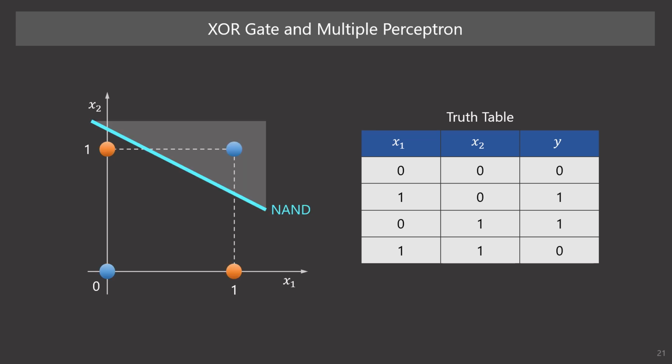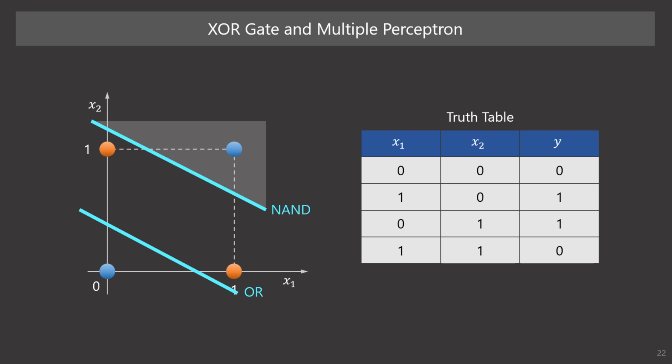But here, as an example, let's apply a NAND gate first. The upper right dot outputs 0, and the other 3 dots output 1. Let's apply OR gate for these 3 points. Only the 2 dots in the middle output 1.